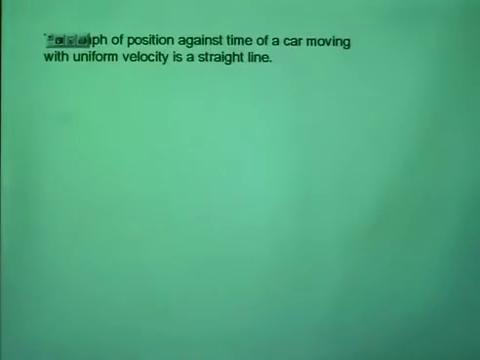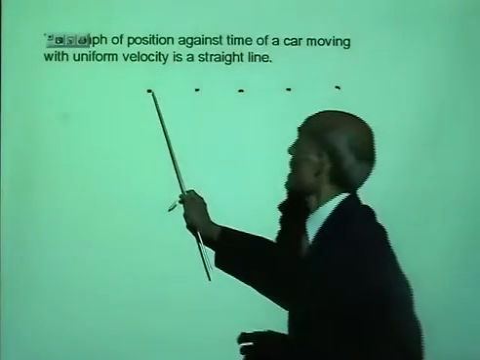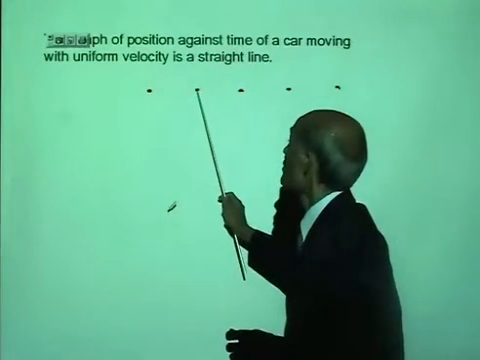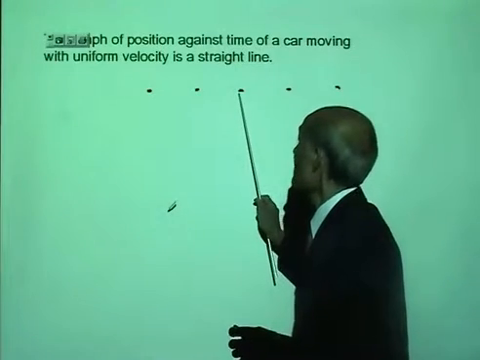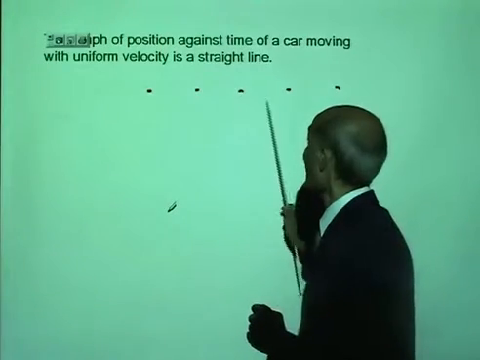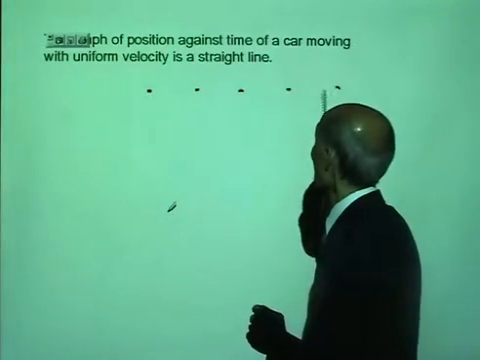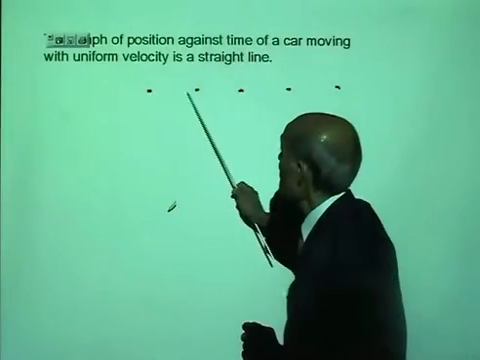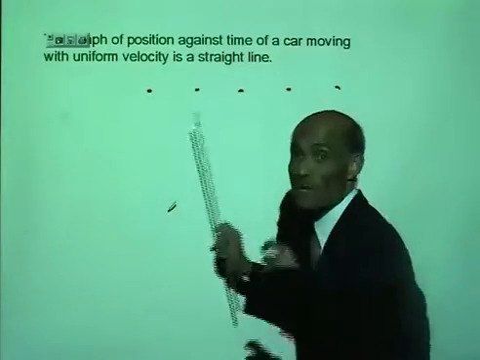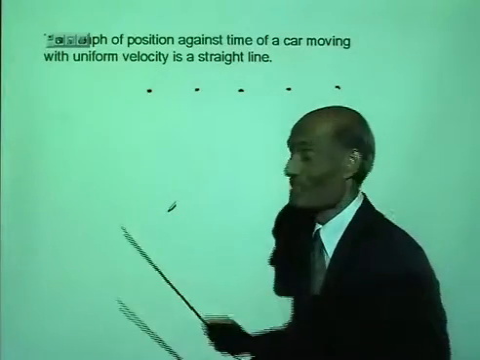Now watch this again. If I have an object traveling like this, now each second the change in positions are exactly the same. This is where you start. After 1 second it is here. After the second second it is over here. The third second, fourth second, the change in positions are the same every second.